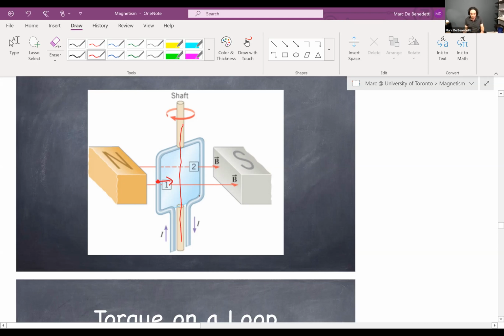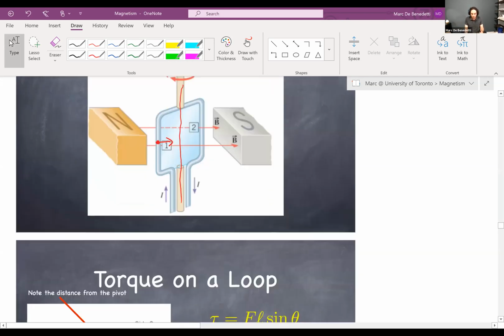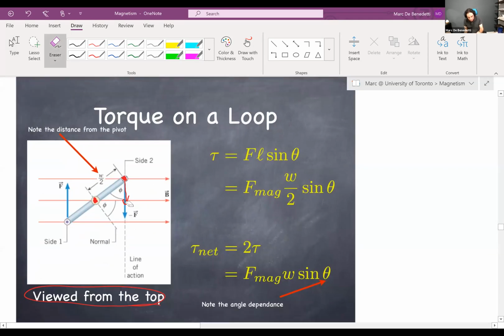This is no different than pushing on a revolving door when you're going into the mall, or into the student center at UTM, or opening a door to your own house. So you're going to end up getting a torque due to that force. Torque is defined to be FL sine theta.